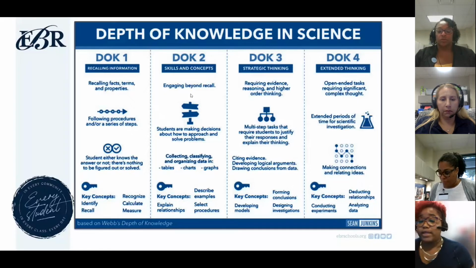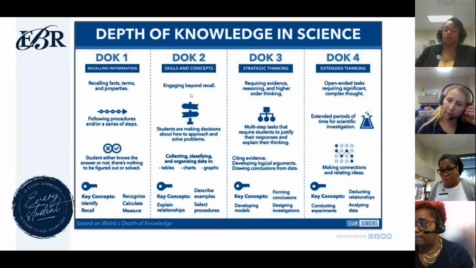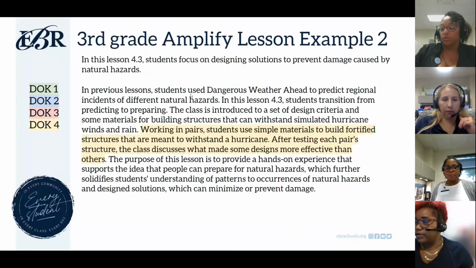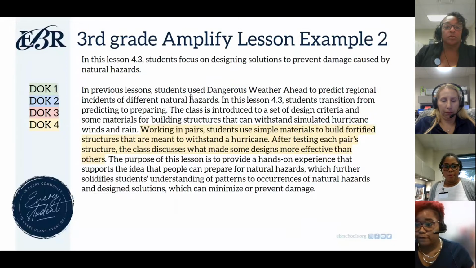Then that DOK level 4 takes you into extended periods of time for scientific investigations. If we go back here to that example, we see that the students are using simple materials to build a structure. They're working in pairs. They are meant to withstand a hurricane.